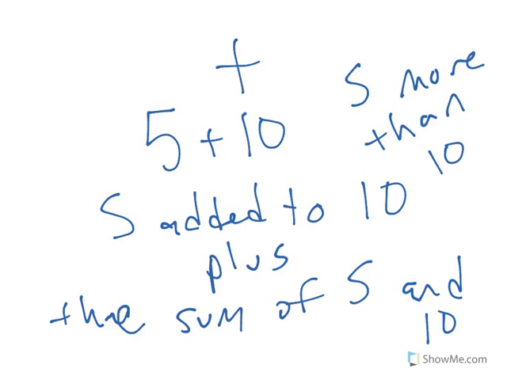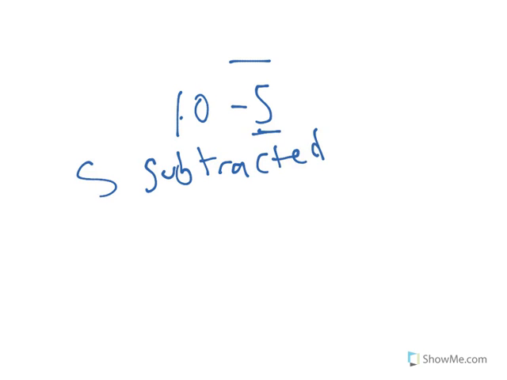Now let's look at subtraction. And let's look at the sample problem 10 minus 5. So one way we could say is 10 subtracted from, that would actually be 5 subtracted from 10. Another way we could say is just 10 minus 5.